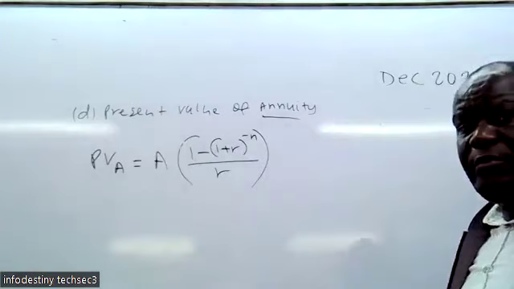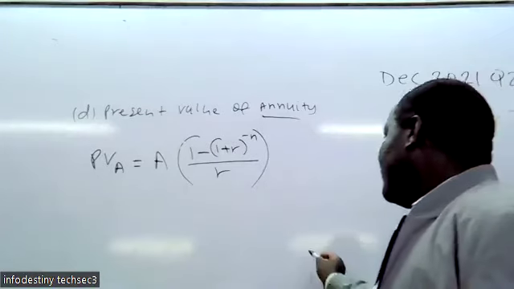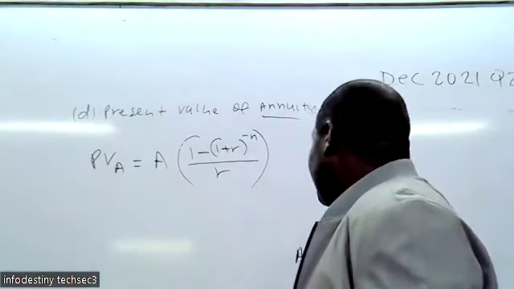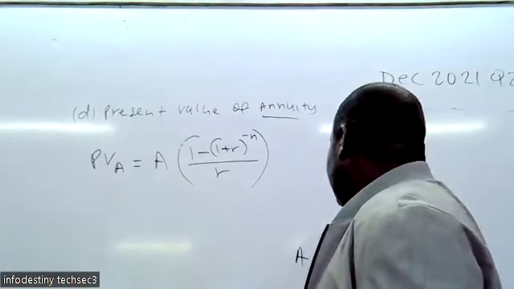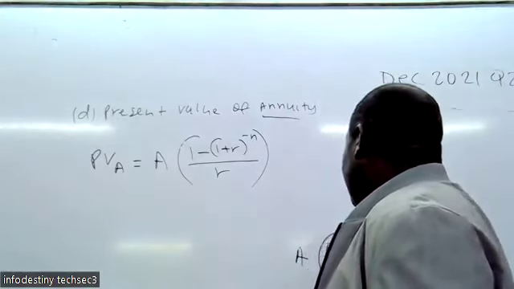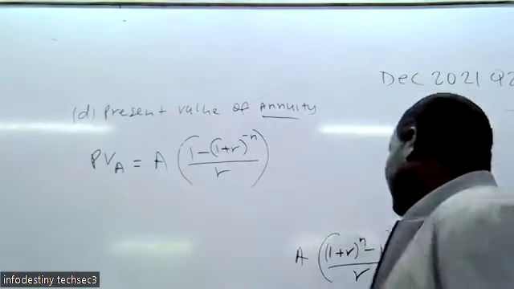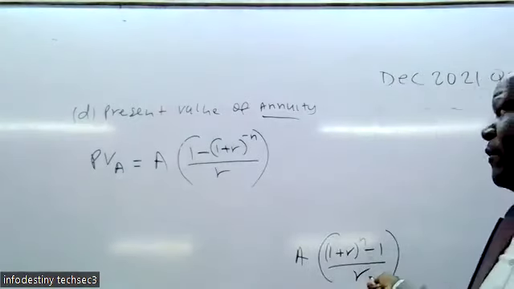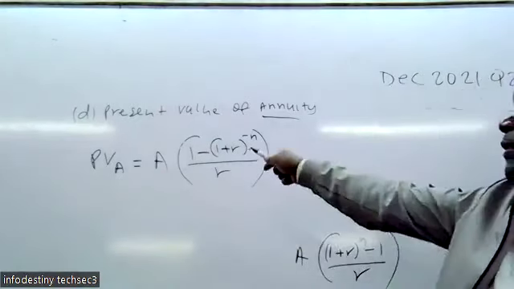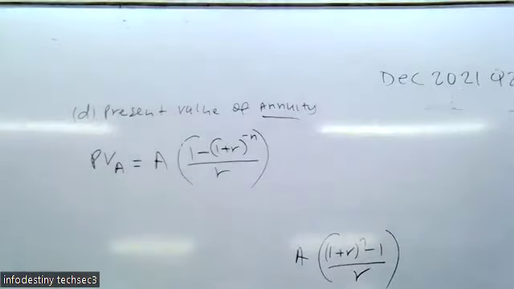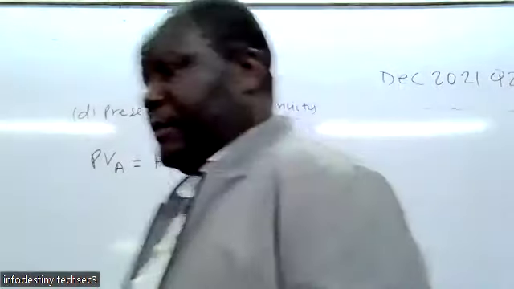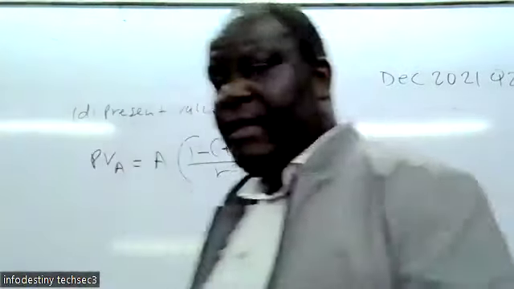For the future value, if you confirm in your notes, it was the annuity times (1 plus r) to the power of n minus 1, divided by r. Now for the present value we apply it from this portion, so we are simply answering the question.